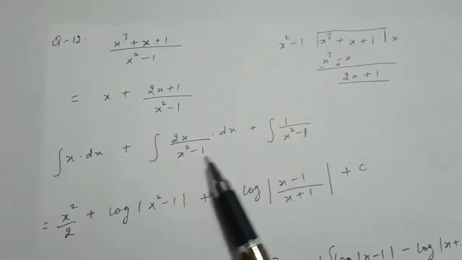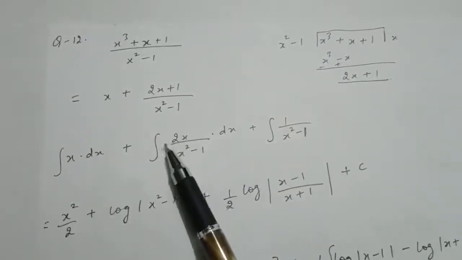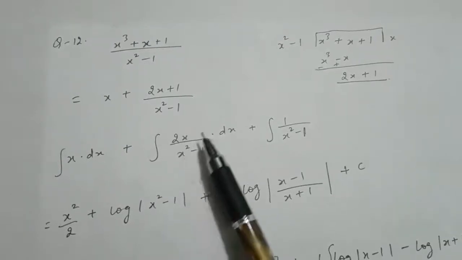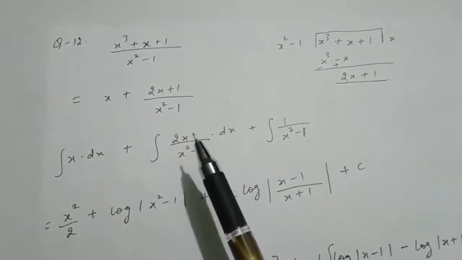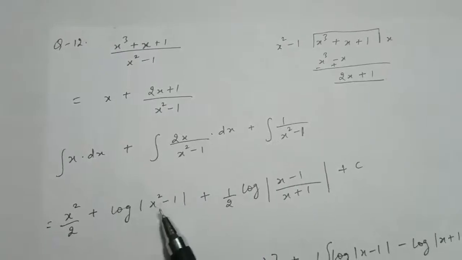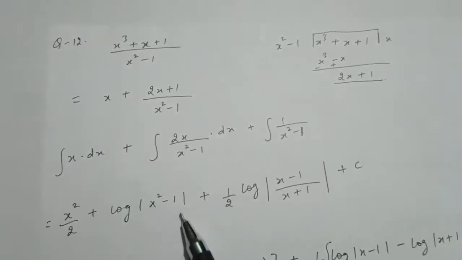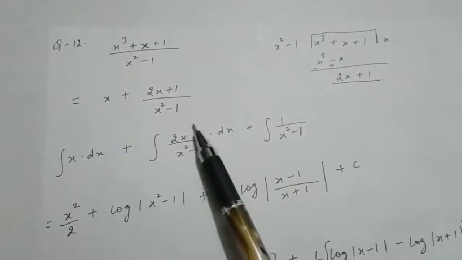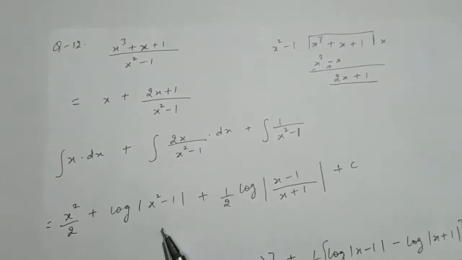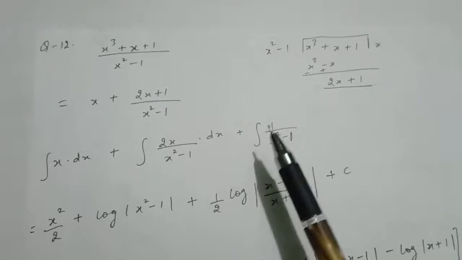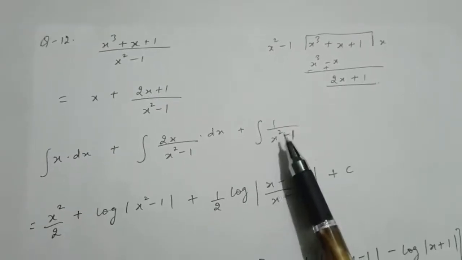So this integral will change into the integral of 1 upon t into dt, and the integral of 1 upon t is log t, and we let t as x square minus 1, right? So after solving this integral you will get this, plus what will be the integral of 1 upon x square minus a square?